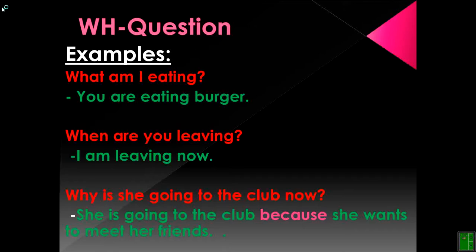Then the answer, you give a complete answer using she is going to the club, and here you use because. Because here is the word to answer about why, and after because you give a complete answer using subject she, verb wants to meet her friends, and this is the complement of the sentence.